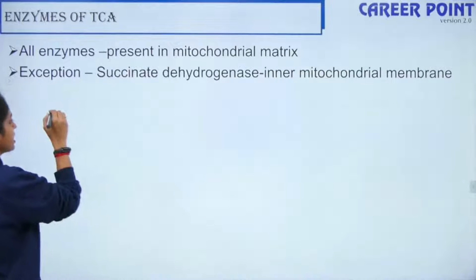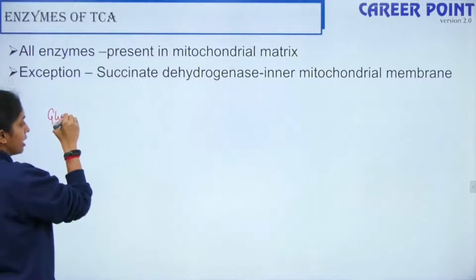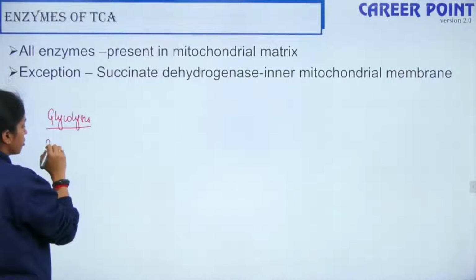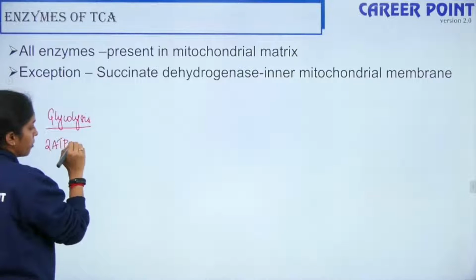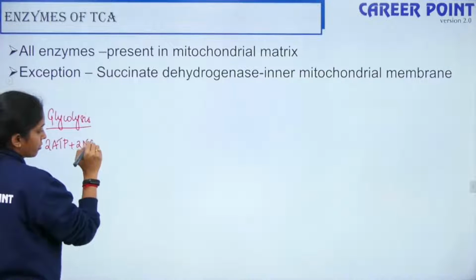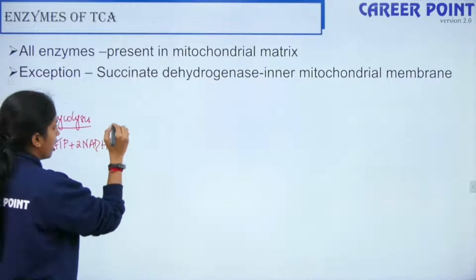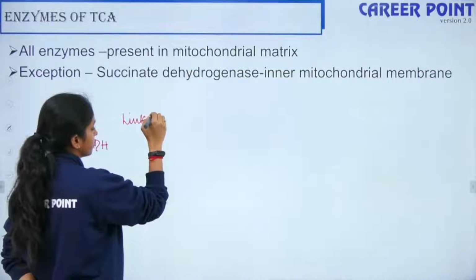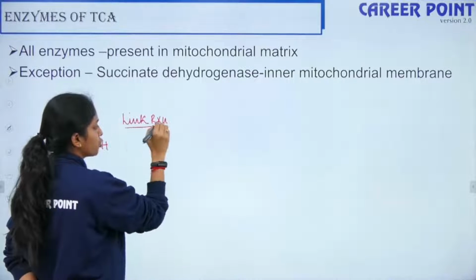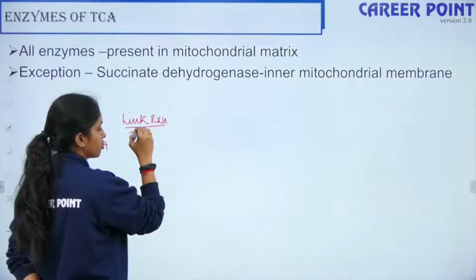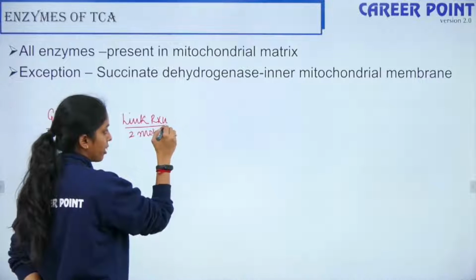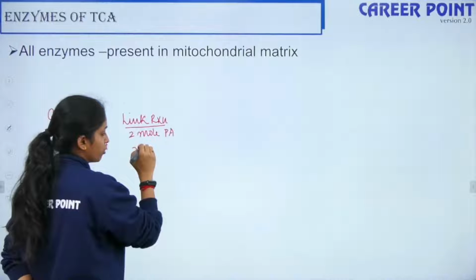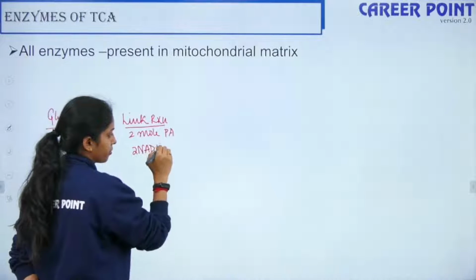But here we'll see. In glycolysis, what was your gain? Your gain was 2 ATP plus 2 NADH. Now talking about your link reaction, for two molecules of pyruvate or pyruvic acid, you have 2 molecules of NADH.